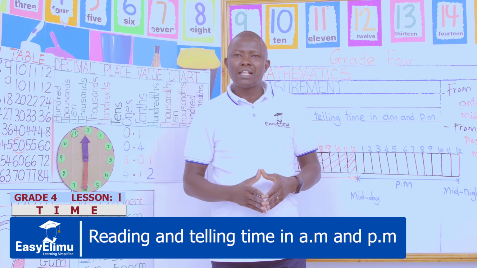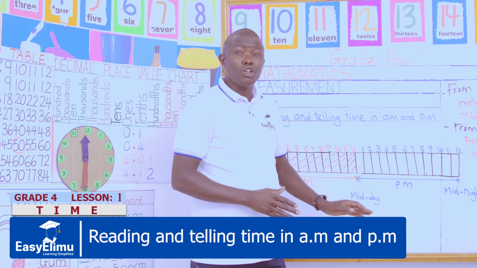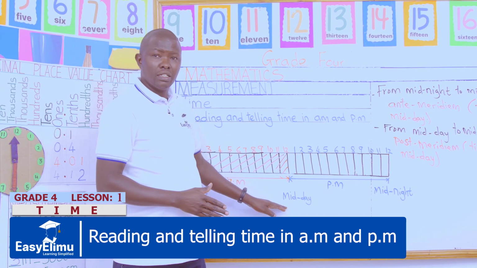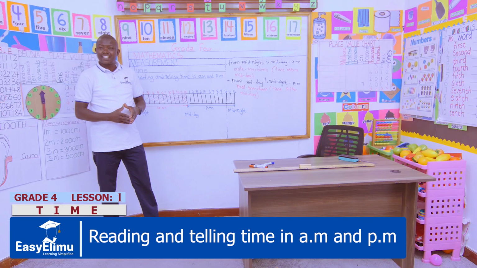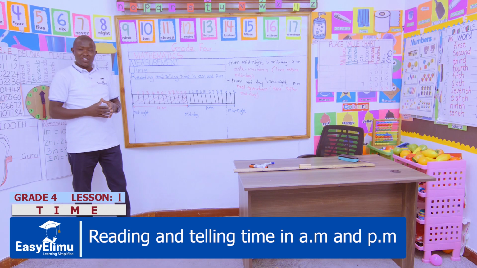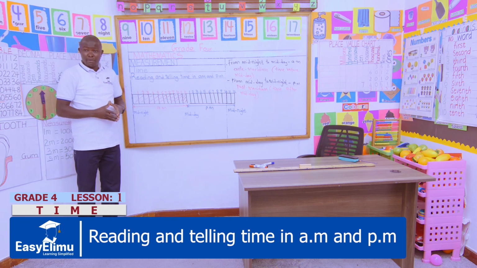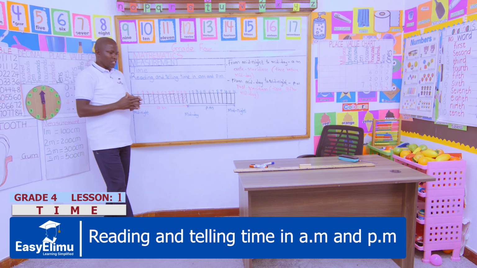This time is PM because it is time after midday. We go home in the evening, time after midday. So that time we call it PM. So learners, these are the two main words we'll be using, AM and PM, when we are telling time. Time before midday and time after midday.